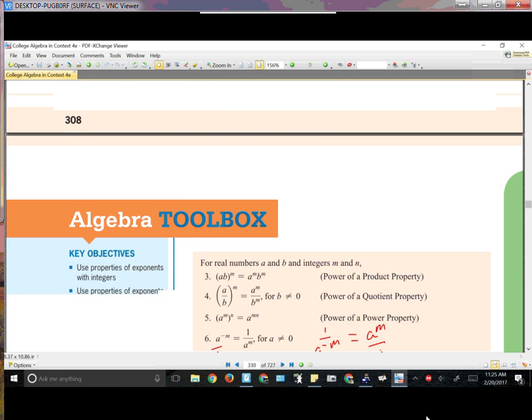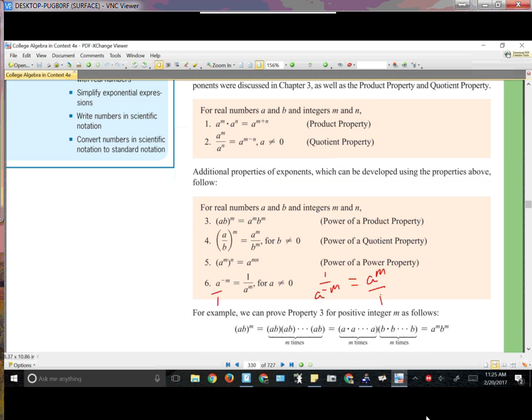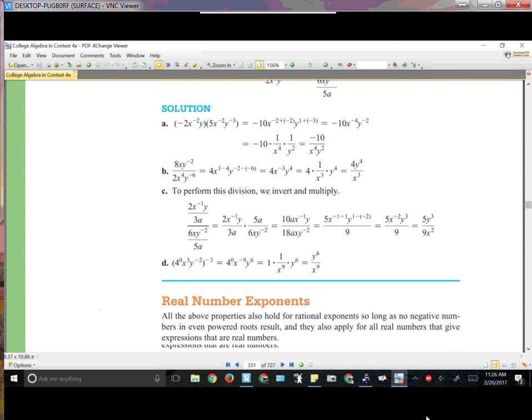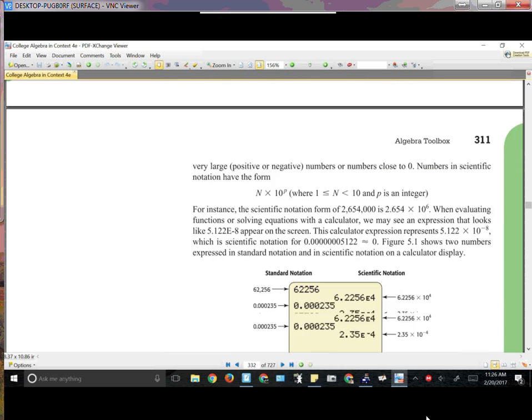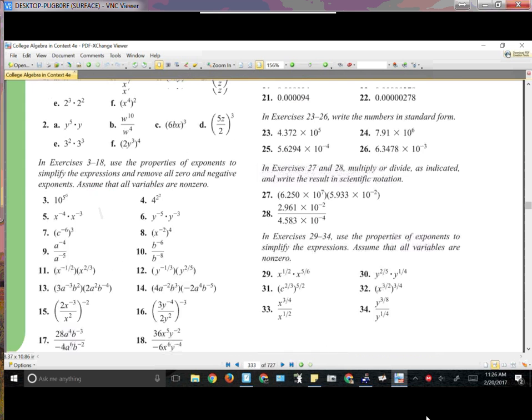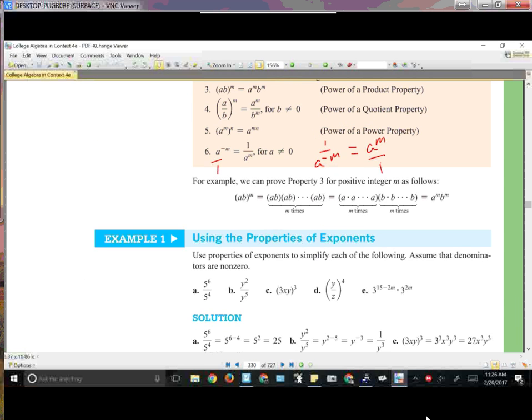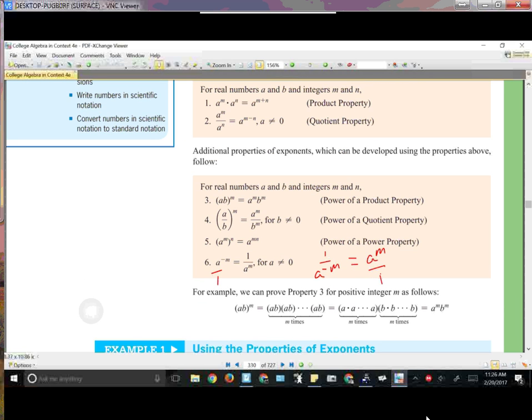Is it 1? Anything to the 0 power is 1. I don't see that listed in here.